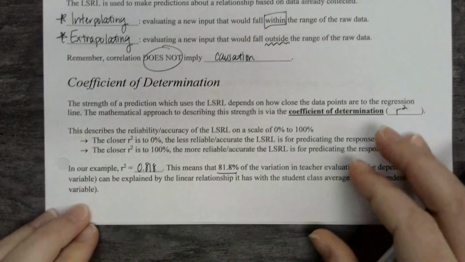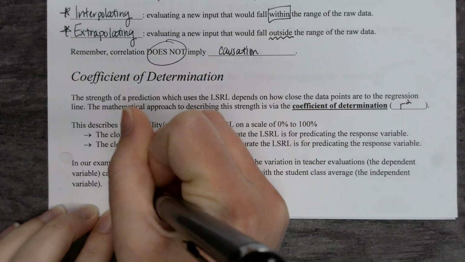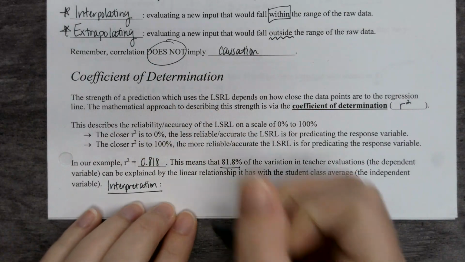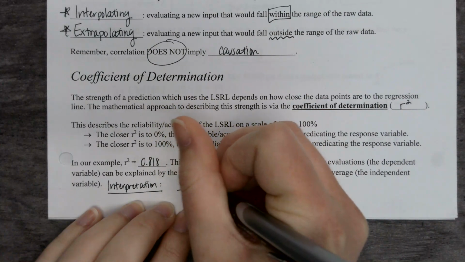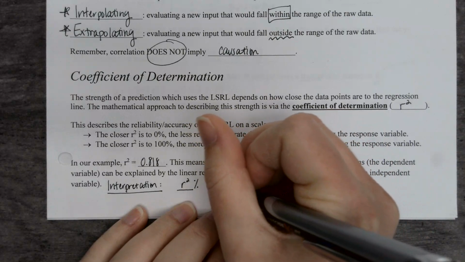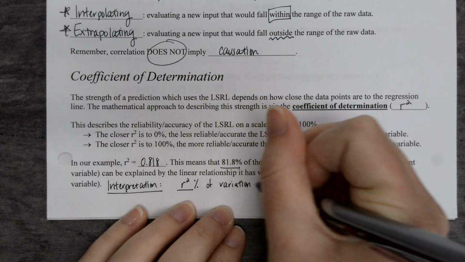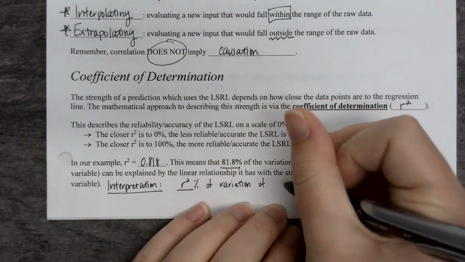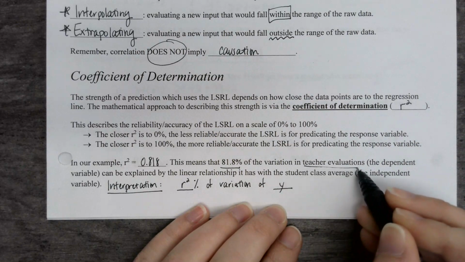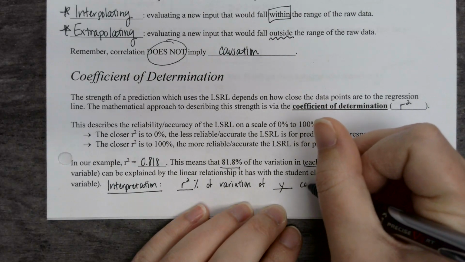So when we're interpreting this, if you want to put it in layman's terms, for your interpretation, we're going to have our R squared as a percent. So the percent of the variation of our Y variable, because we have teacher evaluations, so of our Y, or response variable, can be explained.